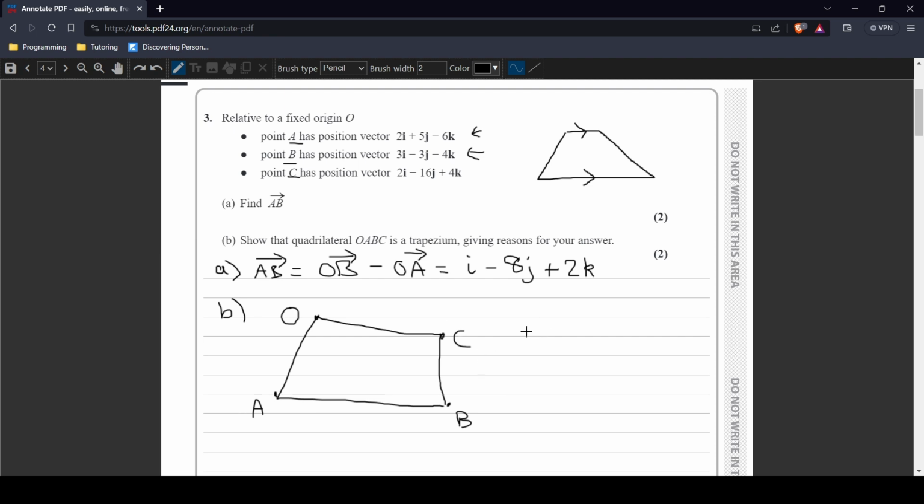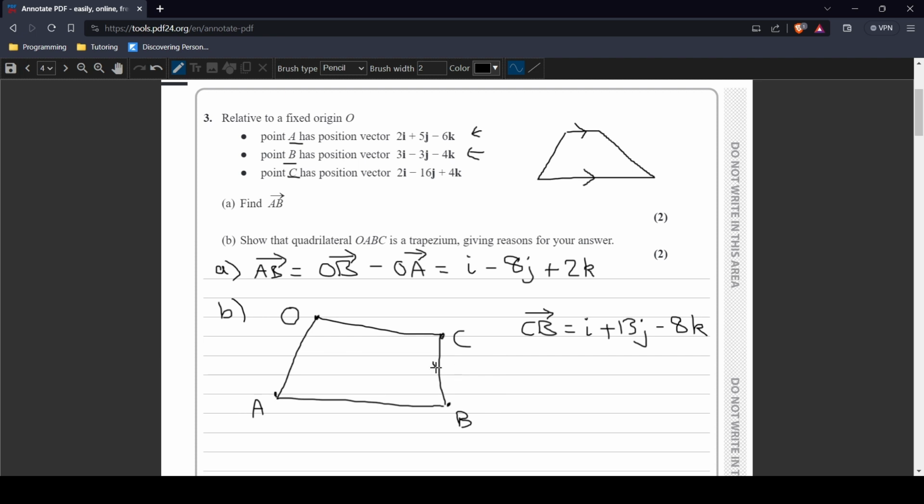So CB is the position vector of B minus the position vector of C. So that will be 3i minus 2i, so i, and then minus 3j minus negative 16j, so plus 13j, and then minus 4k, so minus 8k.